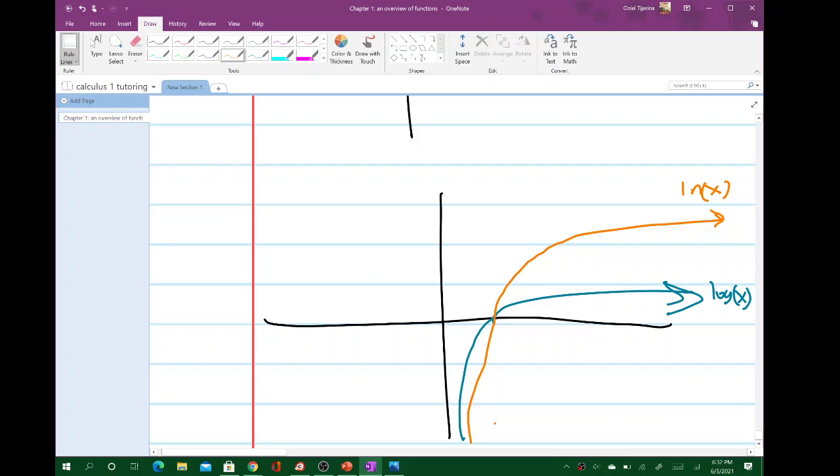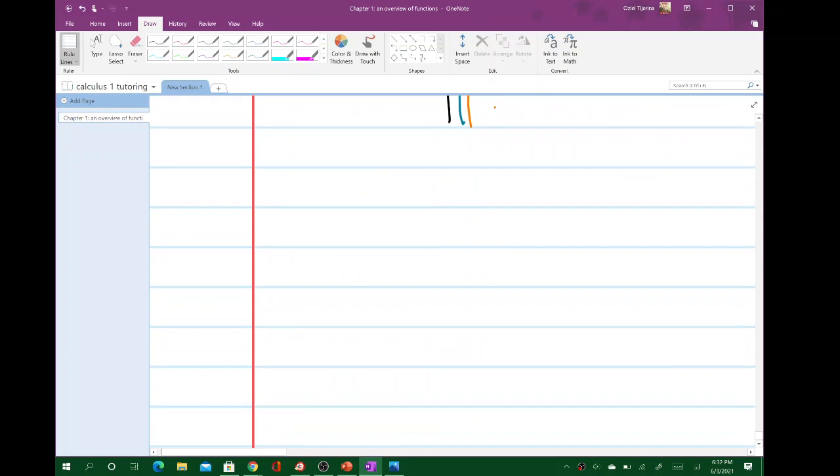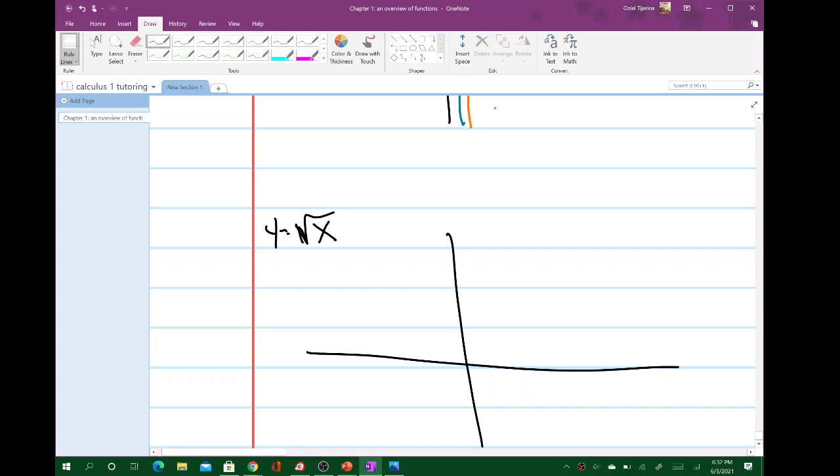Okay. I'm trying to see if I'm missing more. The square root of x, y equals square root of x, how does it look again?